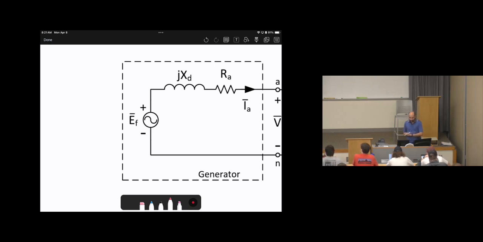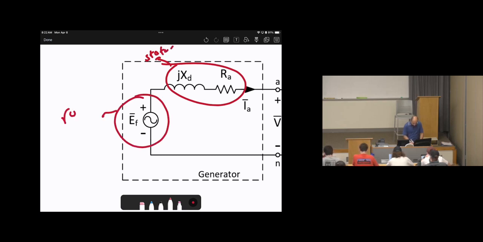Then we have jXd and RA. Those are related to the stator, while the electromotive force is the rotor. Right? Stator, rotor. That's what we have in the equivalent model of the generator.